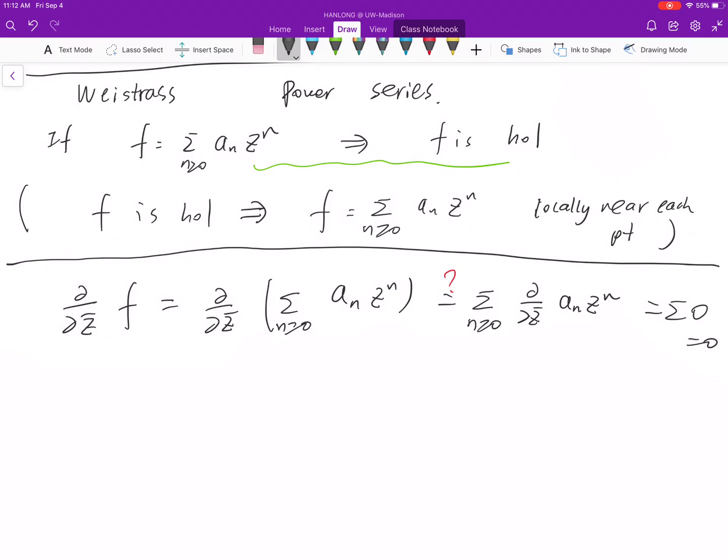And also, according to the definition, we need to verify that partial z is continuous. So what is partial z? We want to take the derivative term by term, or in other words, interchange the derivative and the summation operations.